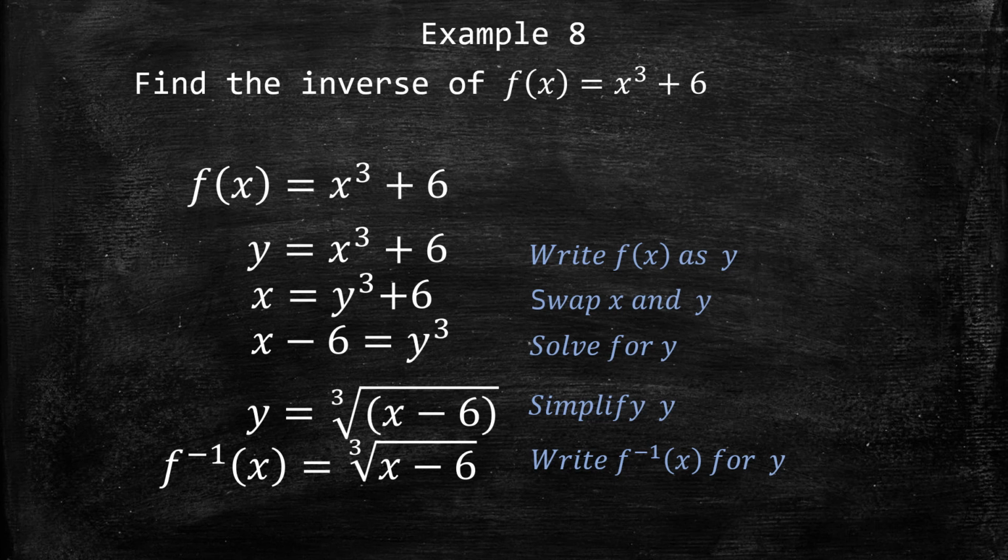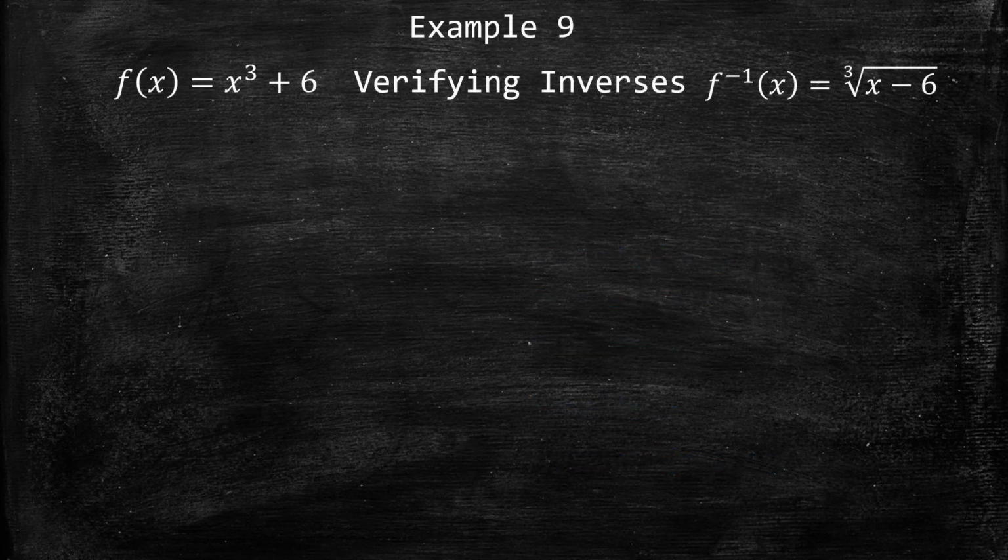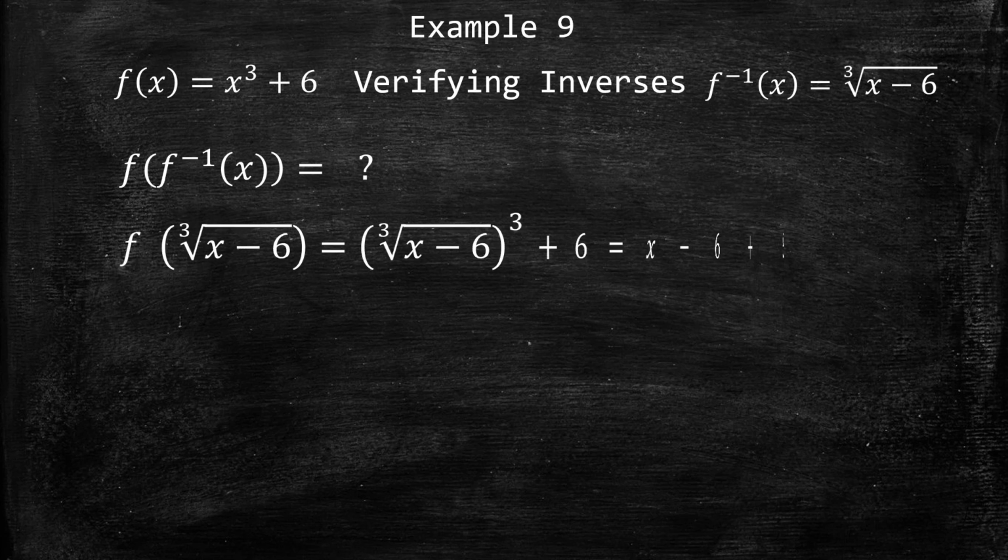Now we're going to verify our calculation by using the property of a function and the inverse. So we're going to take the composition of the two expressions we got. First we replace the inverse function by the expression it represents.